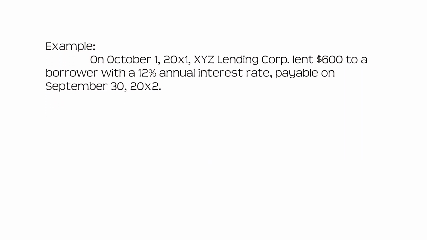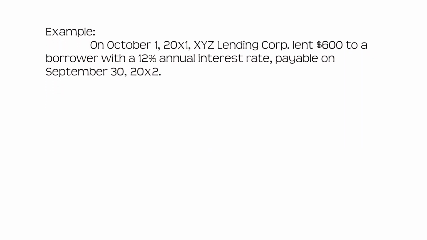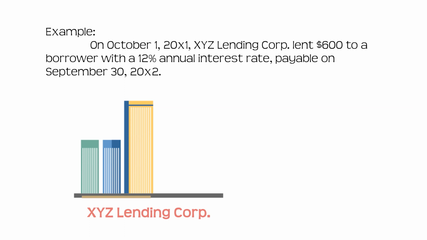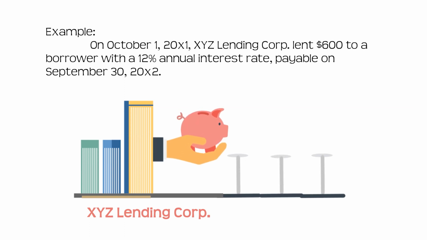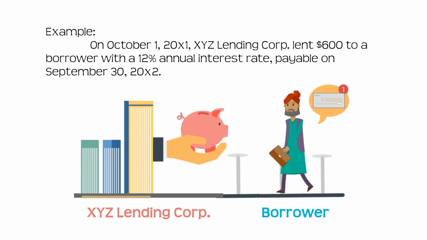Example: on October 1, 20X1, XYZ Lending Corp. lent $600 to a borrower with a 12% annual interest rate, payable on September 30, 20X2.